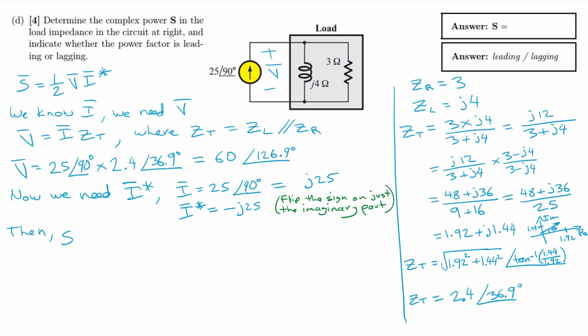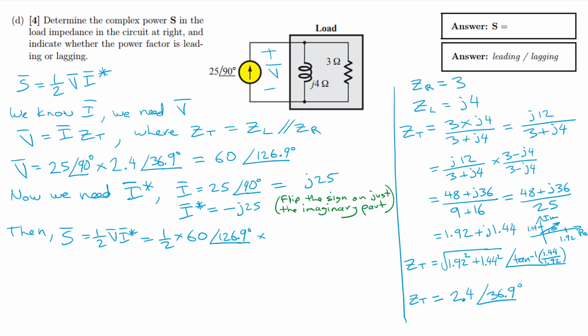So then S is equal to 1/2 V times the conjugate of the phasor current. Plug in what we've got. So 1/2, the phasor voltage was, oh no, that wasn't that one. It was magnitude 60, 126.9 degrees.